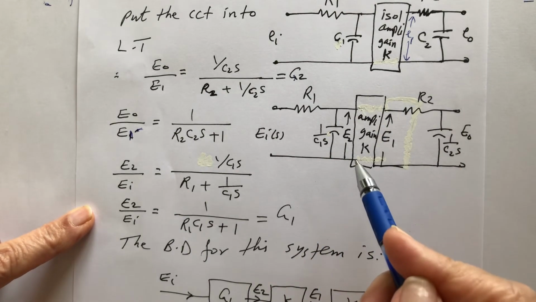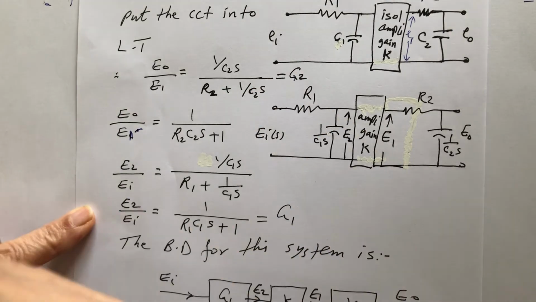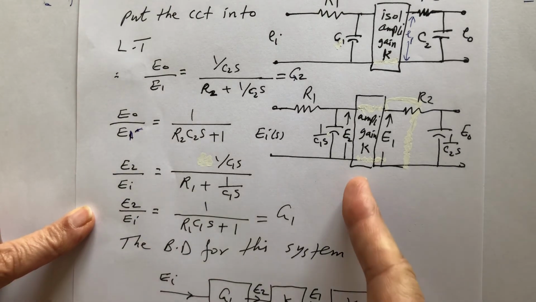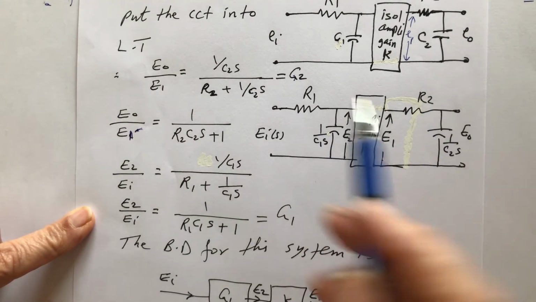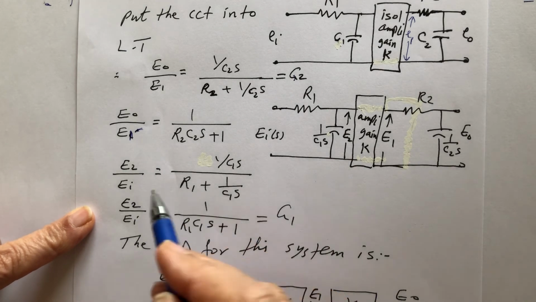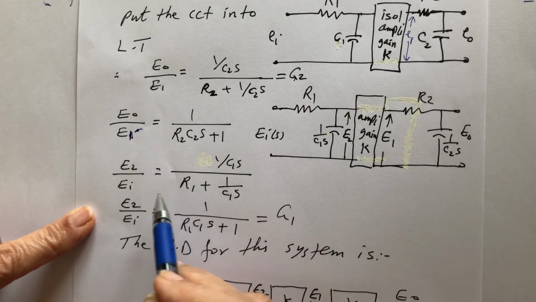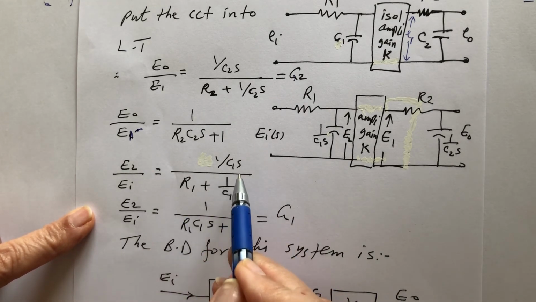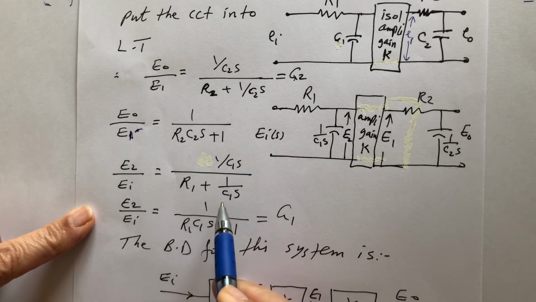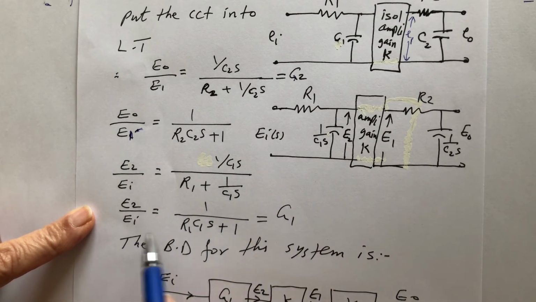If I don't have the amplifier, I do it the way I did the two circuits: we made meshes and applied the Cramer rule, right? But if I do this, I can find the transfer function of each side separately. So this one, E2 over En, will be 1 over C1S over R1 plus 1 over C1S, which equals 1 over R1 C1S plus 1, and I'll call it G1.